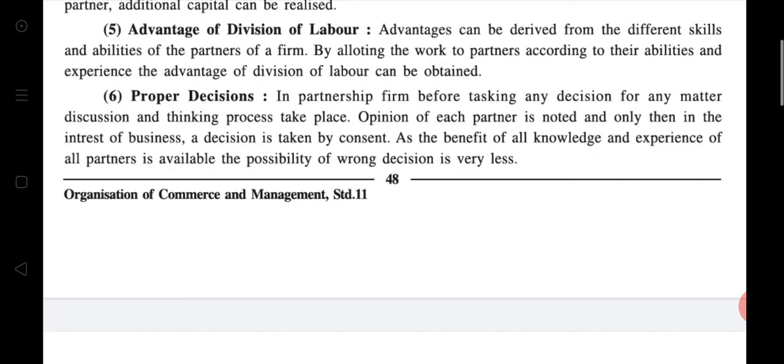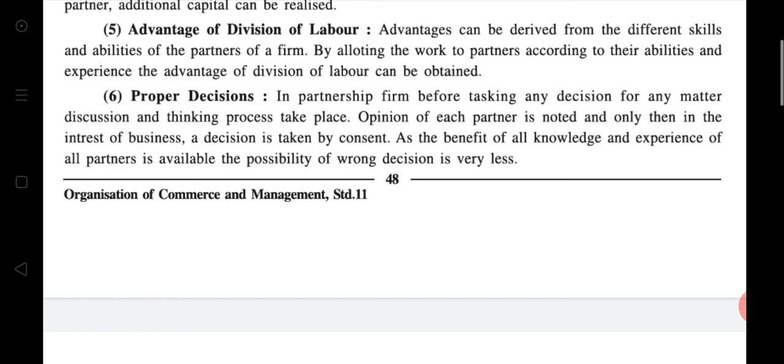Three partners in a partnership firm: A, B, and C. Mostly management work is allotted to A, financial work is allotted to B, and routine work is allotted to C. See, one person can do work in a particular field.